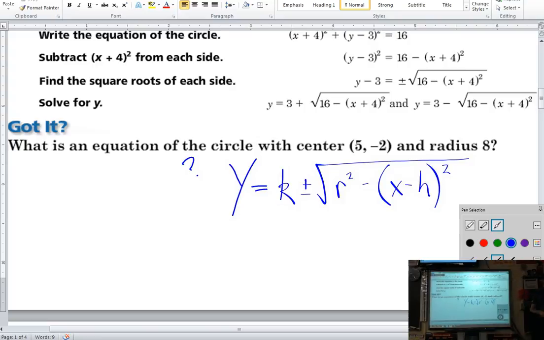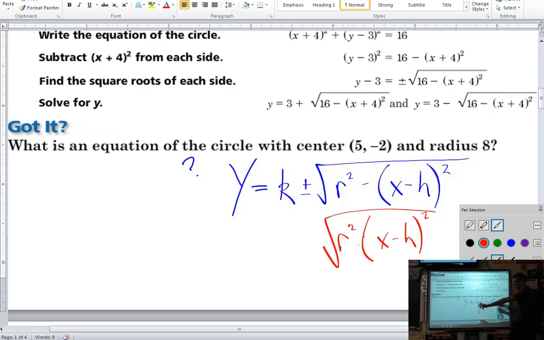Did you just put r instead of r squared? No, because we can't break them up. You're thinking about if this was r squared times x minus h squared, and we could, when we do the square root of that, break them up into the square root of r squared and the square root of this. We can't do that with the subtraction. So we just keep it together as one polynomial.